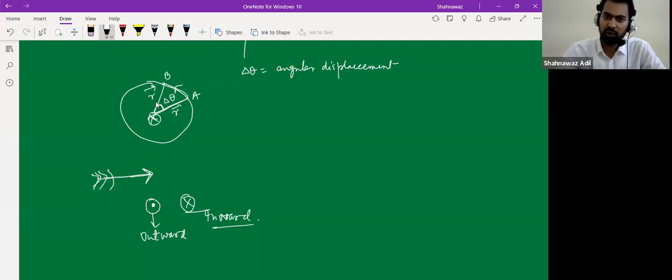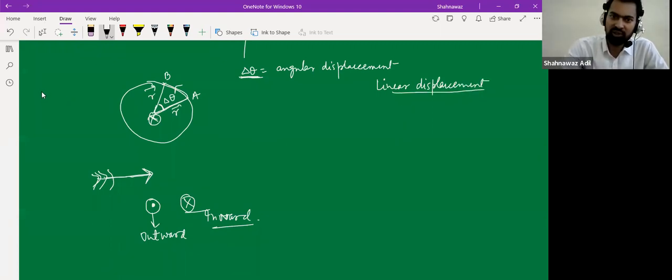So to relate this delta theta with the linear displacement, can you guys recall the property of the circle or the parallax method? This distance is not the arc, this straight line is the linear displacement, dl vector, right?